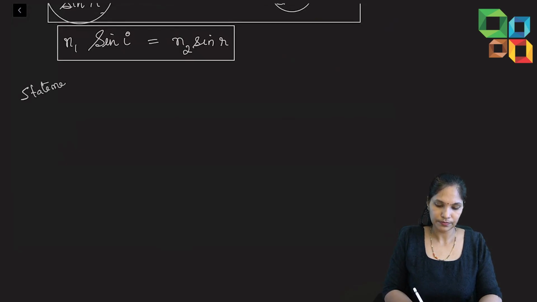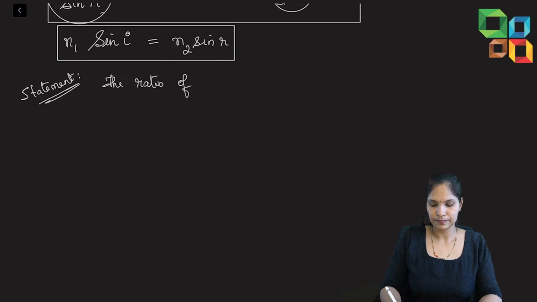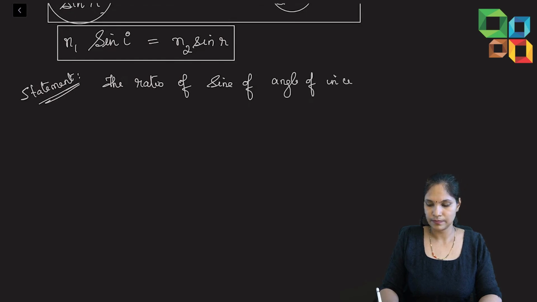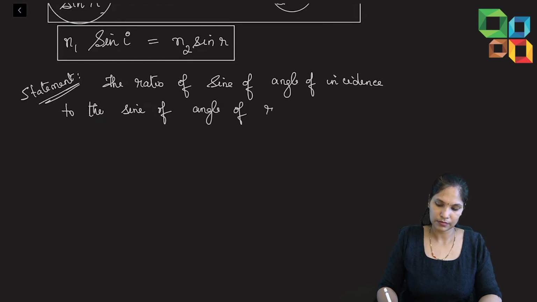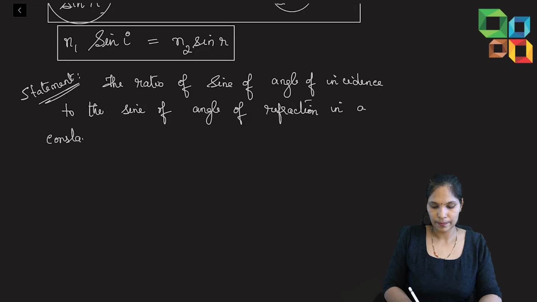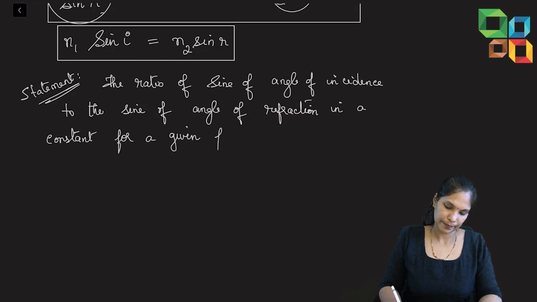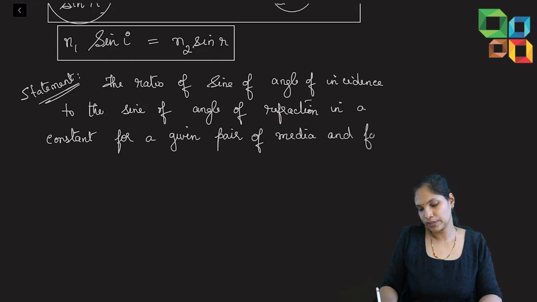Statement for Snell's law: The ratio of the sine of the angle of incidence to the sine of the angle of refraction is a constant for a given pair of media and for a given wavelength of light.